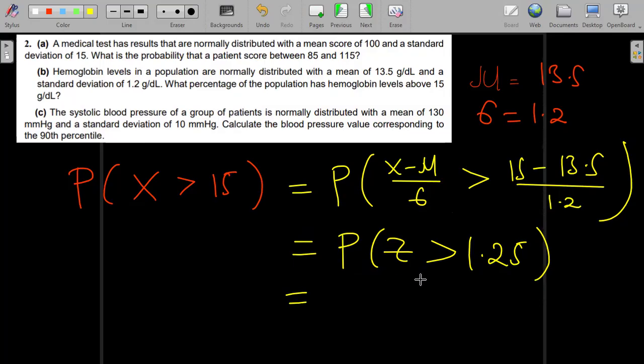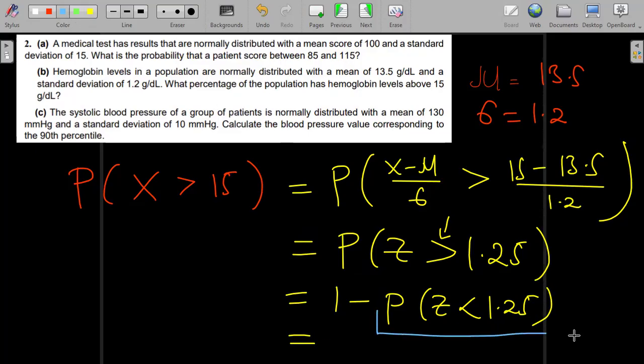By the complement, since this is greater than, we change it to a less than: 1 minus the probability that Z is less than 1.25. Let's go on our table and find the probability of this.